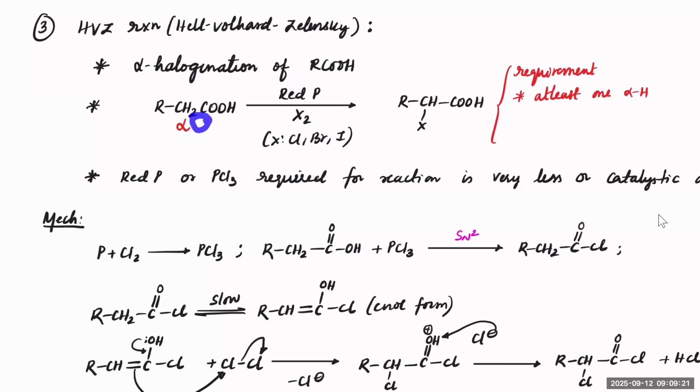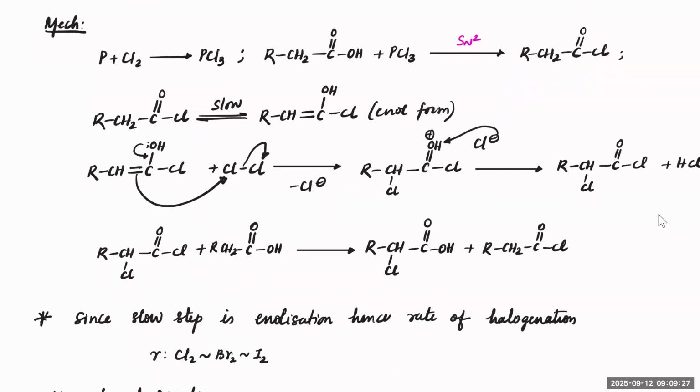So the hydrogen will be replaced with halogen. That's the simple reaction which will take place. So how does it happen? Red phosphorus will react with chlorine and convert into PCl3. PCl3, when you react with carboxylic acid via SN2 mechanism, this OH will go, Cl will come.